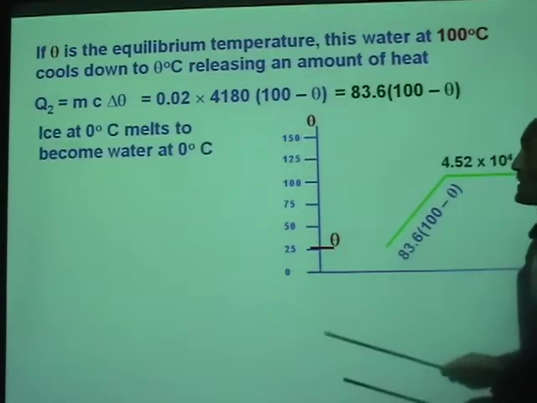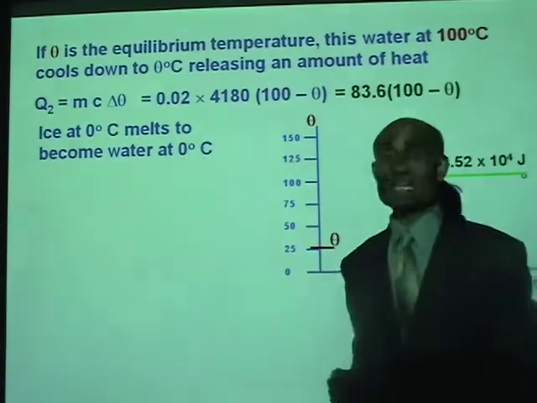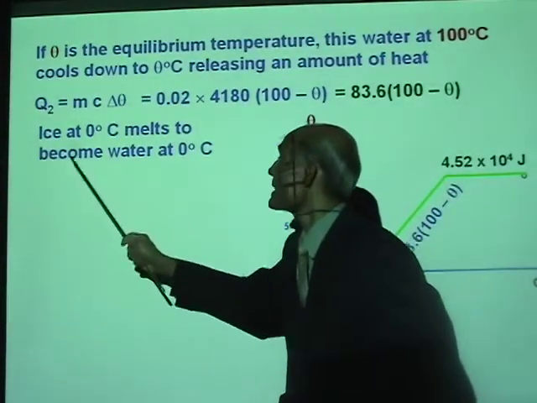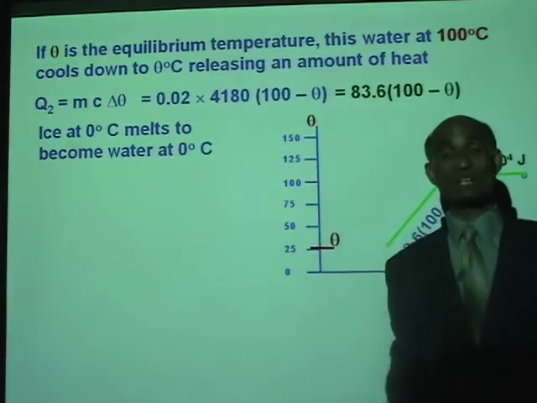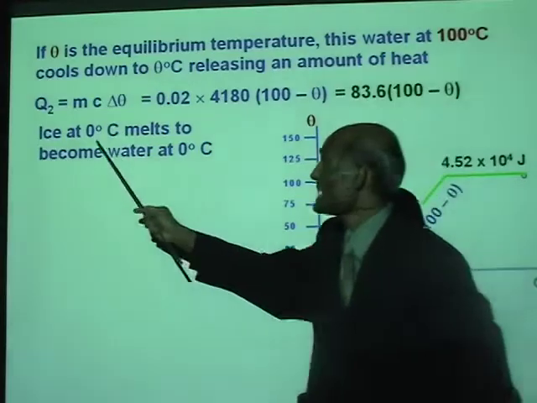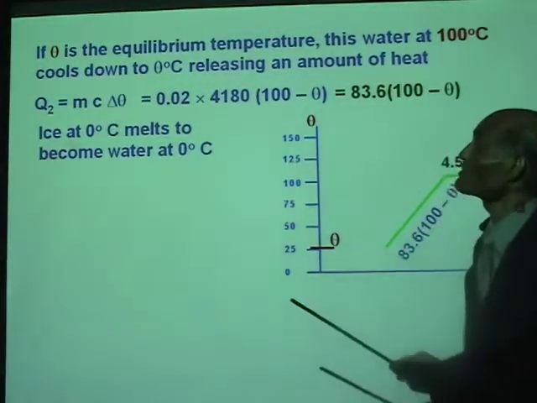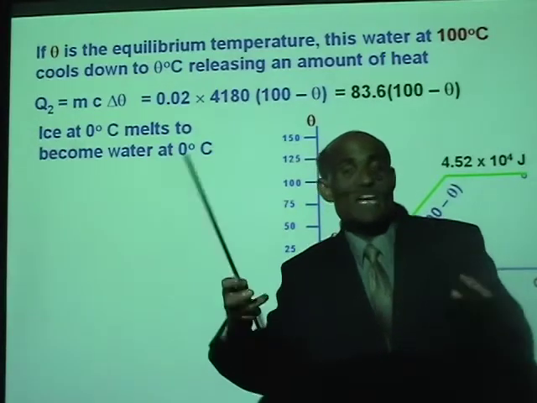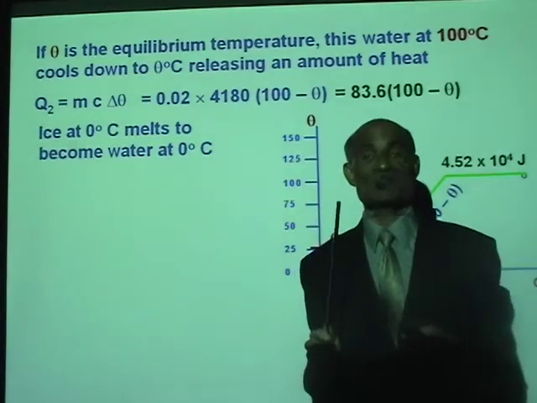And now, what's the next step? Let's now start with ice. Ice at 0 degrees first melts to become water at 0 degrees. Assuming that all the ice melted, this ice at 0 degrees melts to become water at 0 degrees. What is the quantity of heat absorbed by that ice?